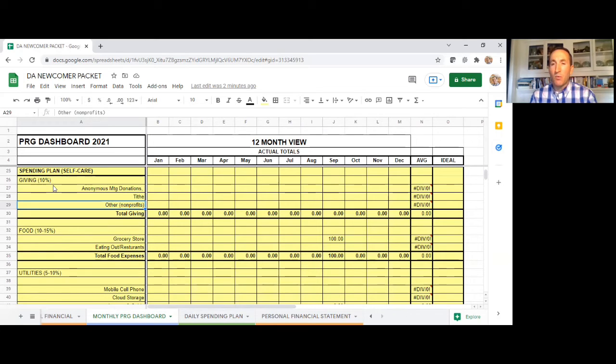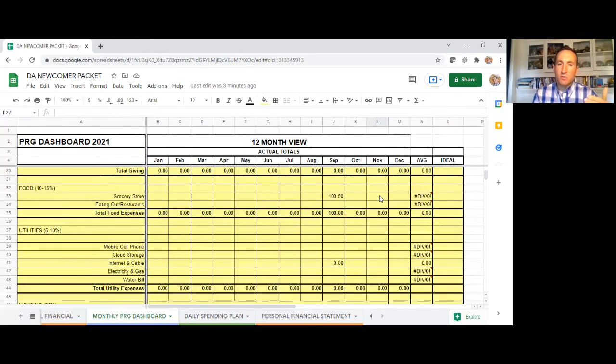In fact, I'm not anywhere near 10% right now, to be perfectly honest with you, but that's my ideal. I have here 10% of my income ideally would go toward tithing or anonymous meeting donations. But I'm making progress on giving, and that's what's important right now at this stage of my life.